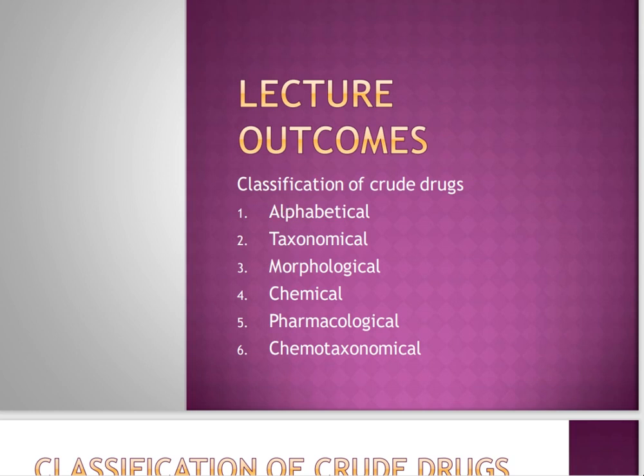So here we finish with the classification of crude drugs. Six types: alphabetical, in which your crude drug is classified according to the English and Latin names. Taxonomical, according to the species, phylum, family, subspecies, division and class. Morphology is according to the leaf structure, or you can have fruits, roots.